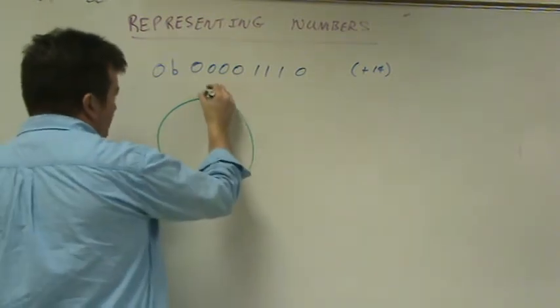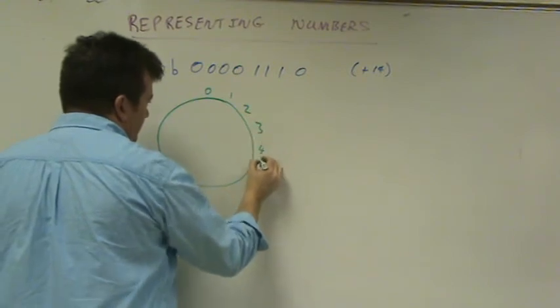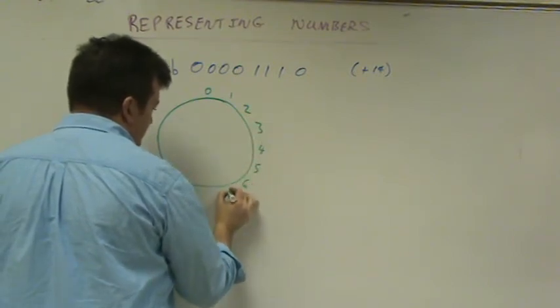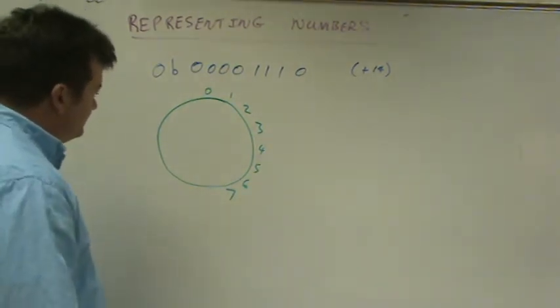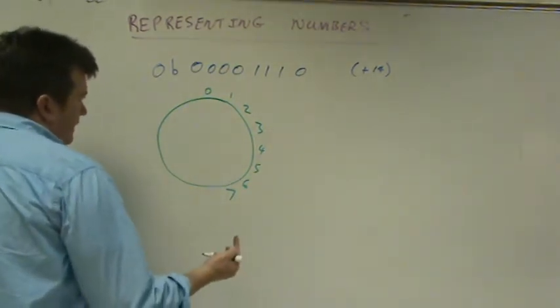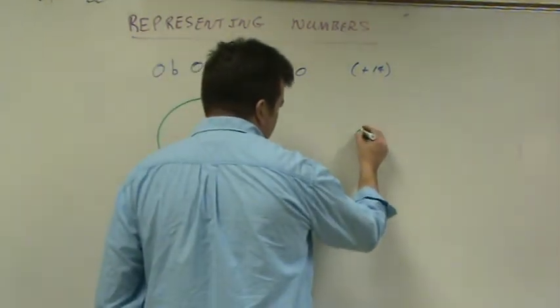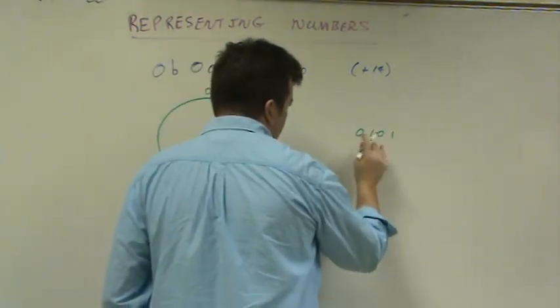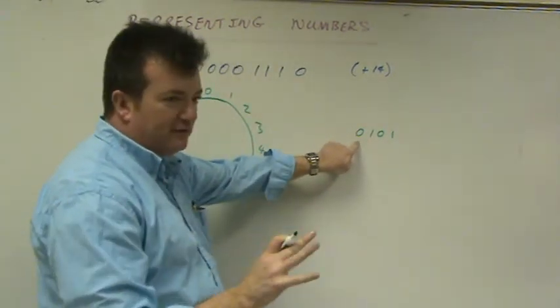So let's say we had 0, 1, 2, 3, 4, 5, 6, 7. I'm going to use 4 bits, but the high order bit will tell us positive or negative.